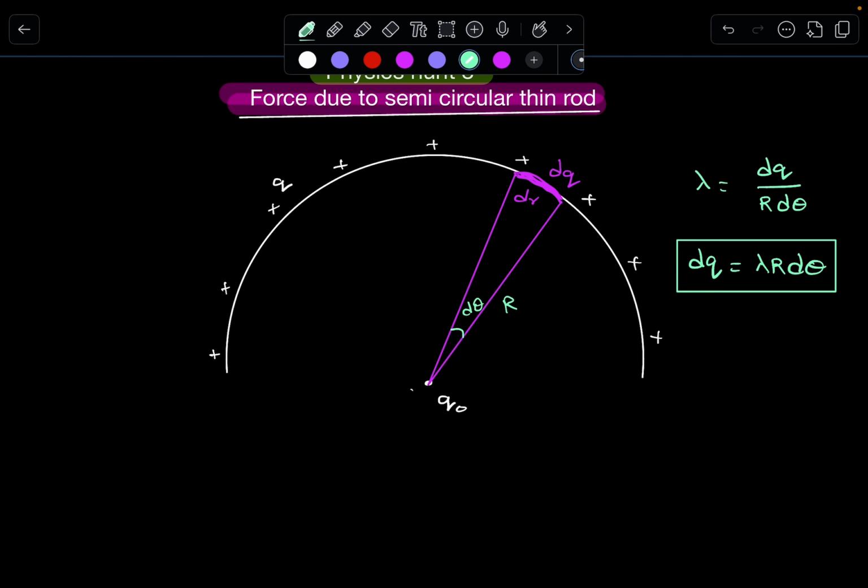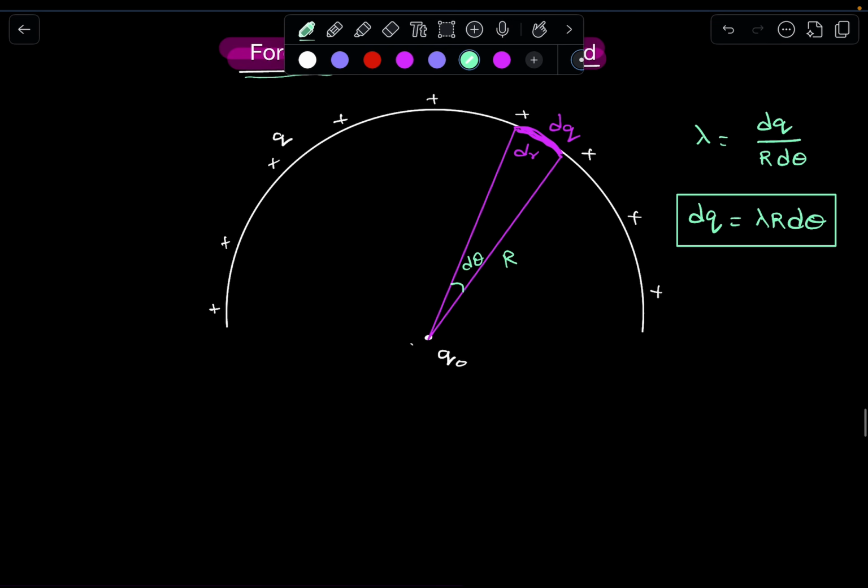Now what I'm going to do here, this elemental charge I'm going to substitute in the Coulombic force, because we are going to calculate force, right? So I'm going to use the Coulombic force formula.